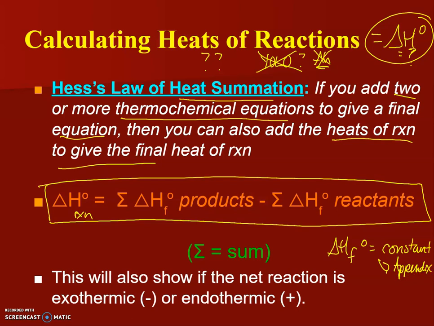So important here that you know two things. Number one, this Greek letter is the Greek letter sigma, and sigma means sum. So we are going to add those together. We're going to add up the products and then we're going to subtract the reactants. I want you to think really hard where you have seen something minus something for a delta before.